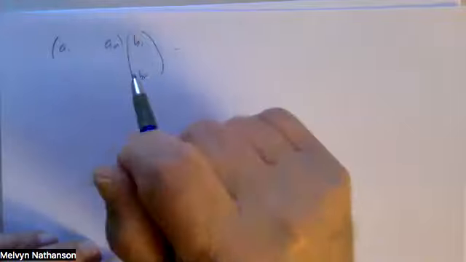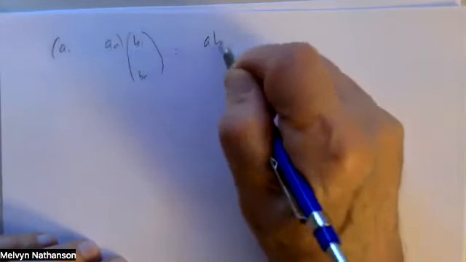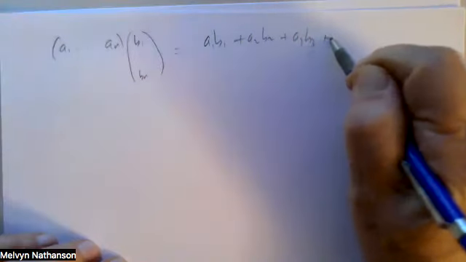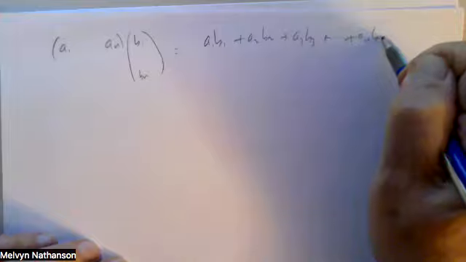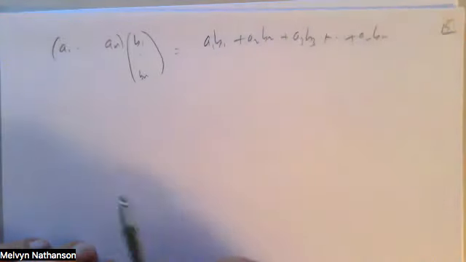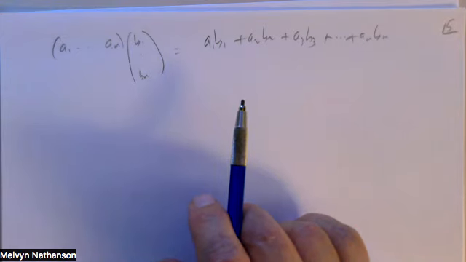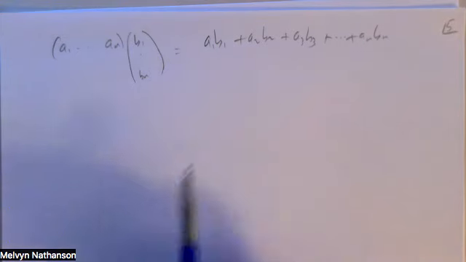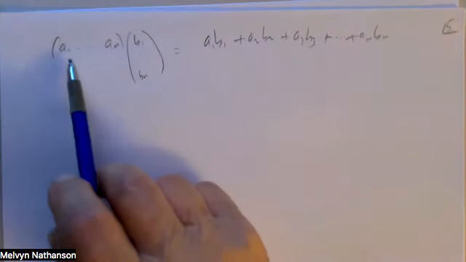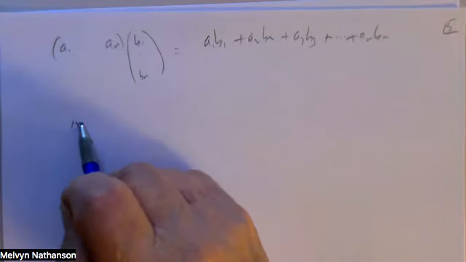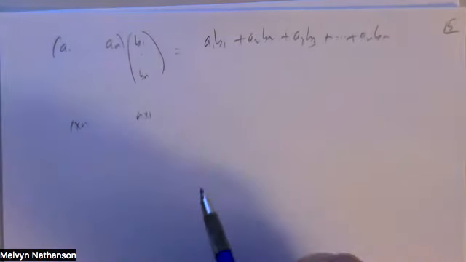This is by definition A1 B1 plus A2 B2, A3 B3 up to AN BN. So that's how you multiply. This is 1 by n. This is n by 1.